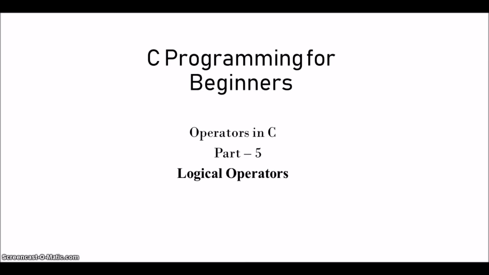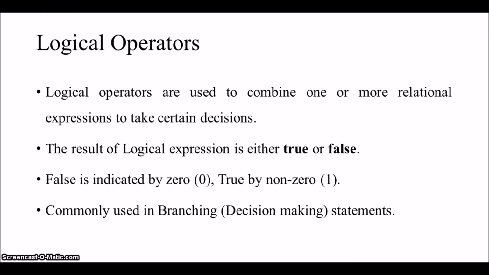Let's understand why logical operators are necessary and how to use them in our programs. Then, what is a logical operator? Logical operators are used to combine one or more relational expressions to take certain decisions. In the previous video, while studying relational operators, we saw that depending on the relation between two operands, you can take certain decisions.